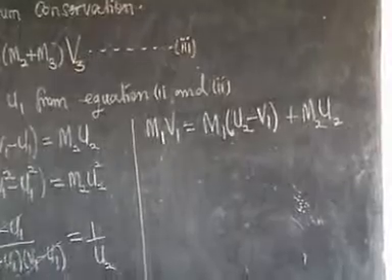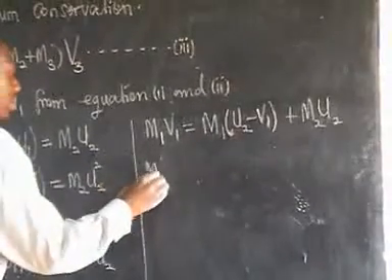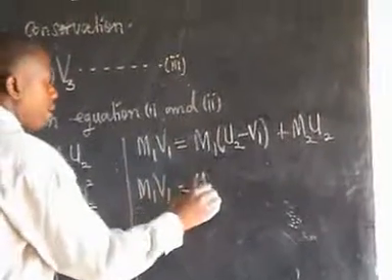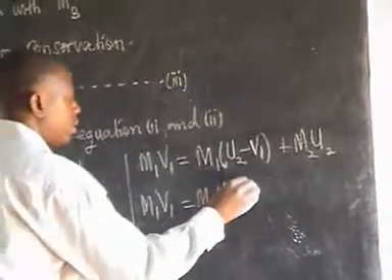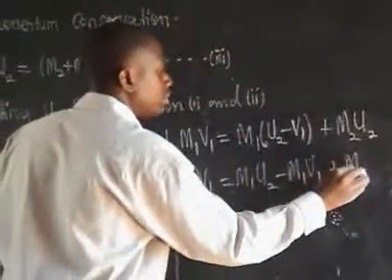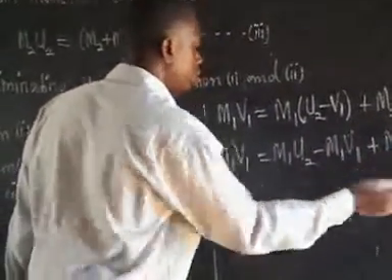So when you try to make U2 the subject, M1 V1 is equal to M1 U2 minus M1 V1 plus M2 U2.